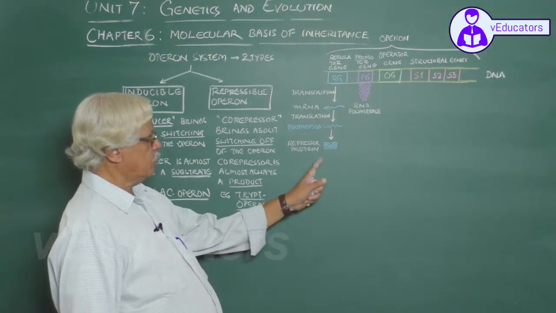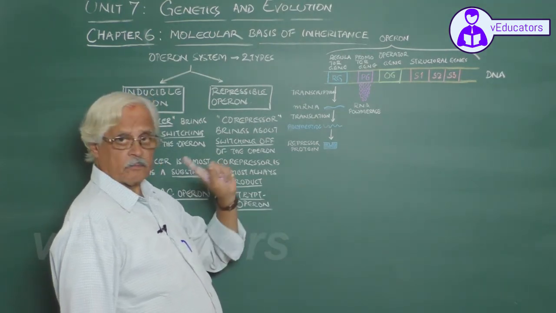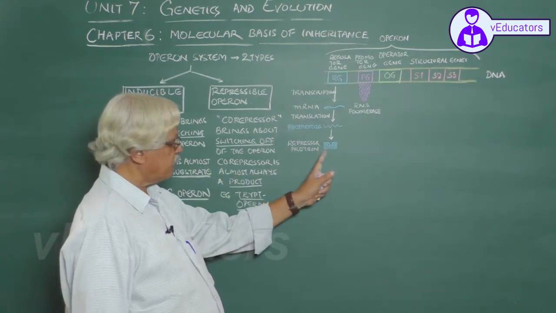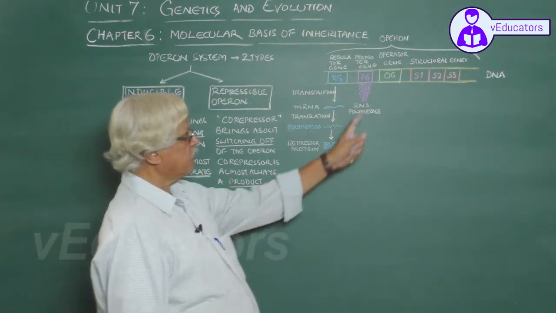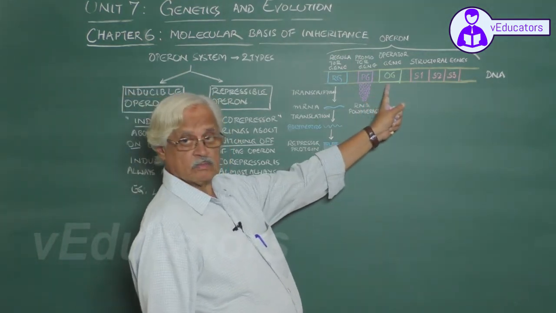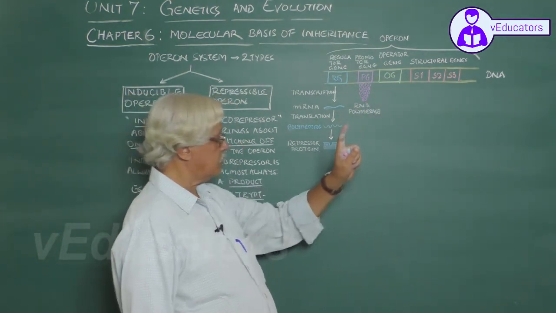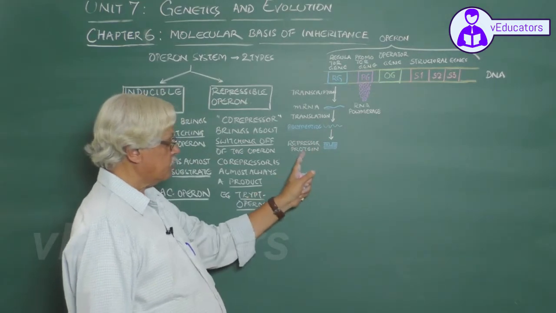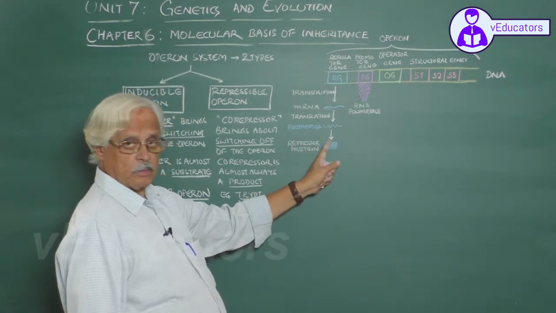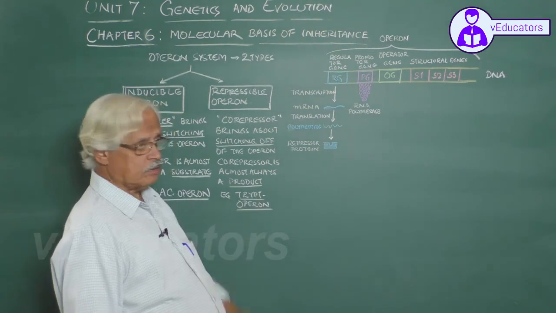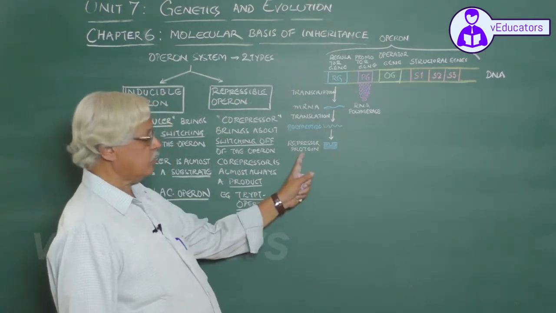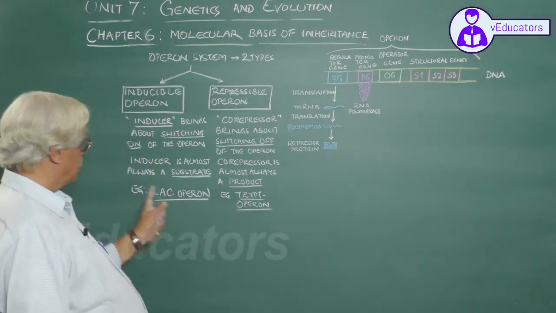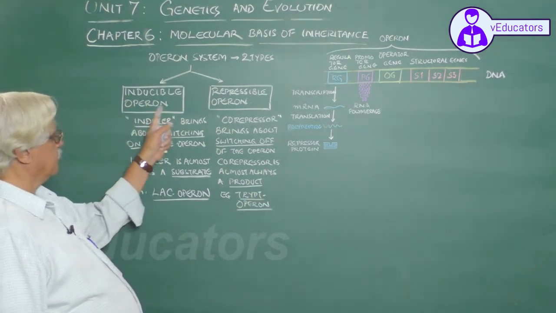So if this repressor protein has to be prevented from becoming attached to the operator gene, then the repressor protein must be rendered inactive, and that is rendered inactive by the inducer molecule.